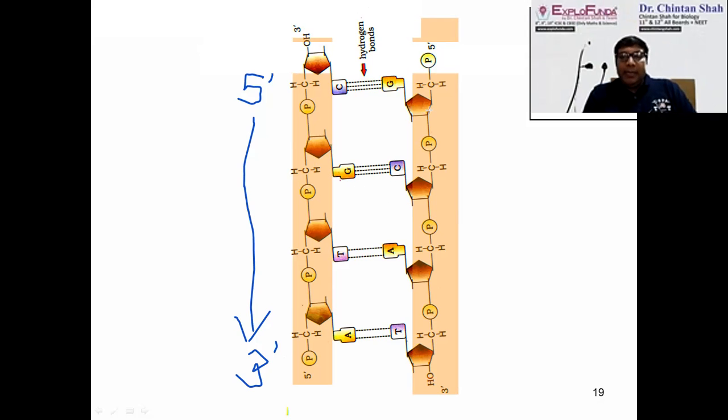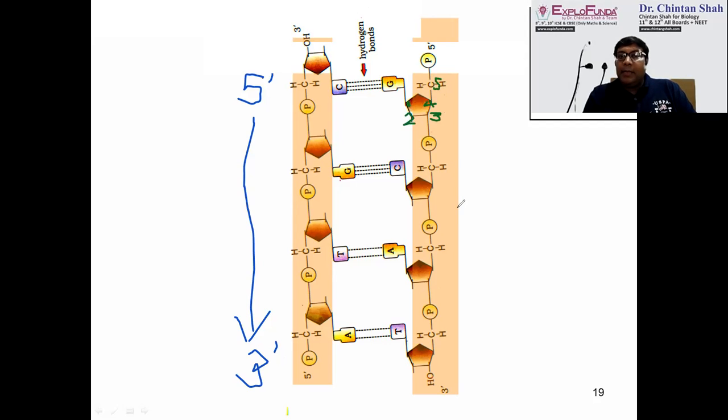So here we can see, look over here, that is carbon number 3. Can you see? This is 1, 2, 3. So here and here, it's a mirror image. It's 1 because only to carbon 1 the nitrogen base is attached. Are you getting it? So this is carbon number 1, this is carbon number 2, this is carbon number 3, this is carbon number 4, and carbon number 5 is over here.